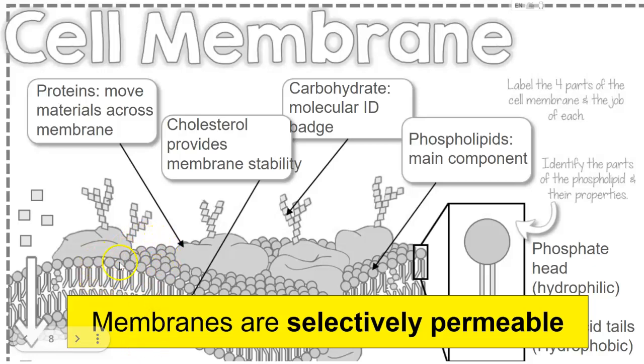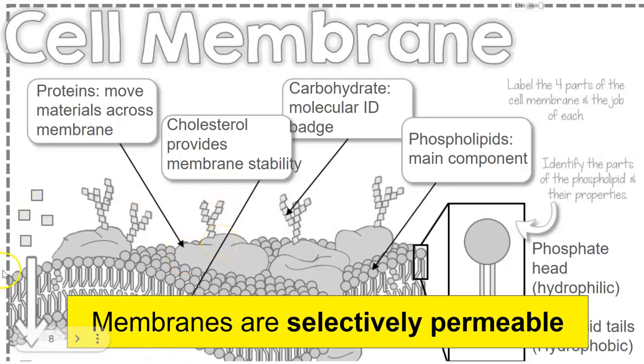The way that the phospholipids are arranged like this means that there's some spaces between them. That allows some smaller molecules like water or oxygen or carbon dioxide gas to go through the membranes, okay? Diffusion can happen. We're going to talk about that in just a second. These proteins are selective in which substances they take from the outside of the cell into the inside of the cell, and vice versa.